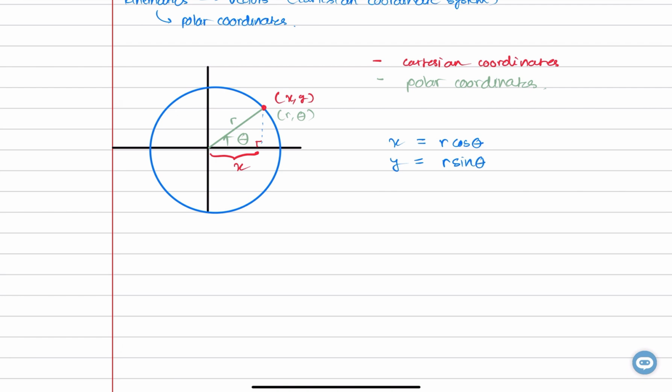Now there are a couple of remarks I want to make about this. In Cartesian coordinates, what we have is a vector. Here, even though r may seem like a vector, at least yet it's not. This small r that I've denoted here is a scalar quantity.